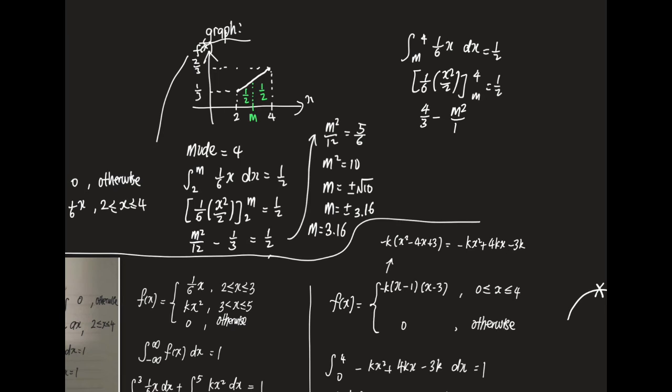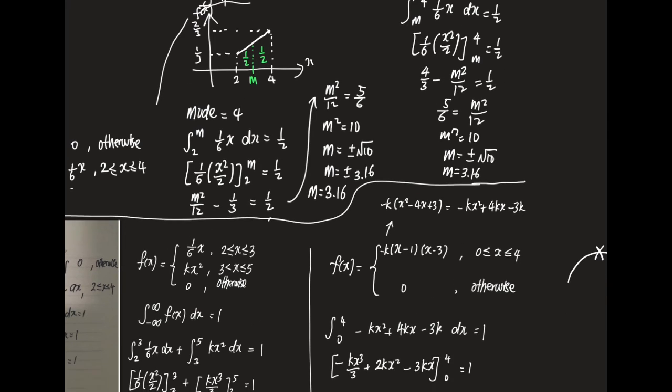So 4 over 3 minus 1 over 2, 5 over 6, equals m squared over 12, times 12. So m squared equal to 10. So we end up with the same answer as you can see here. No matter you take the left hand side of the median or right hand side of the median, it works. Okay, so this is the simple example on how to find mode and median.